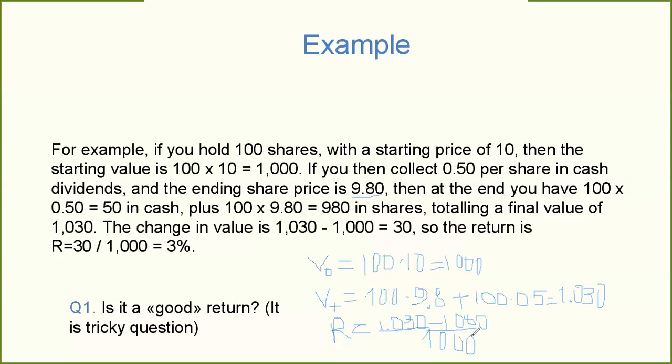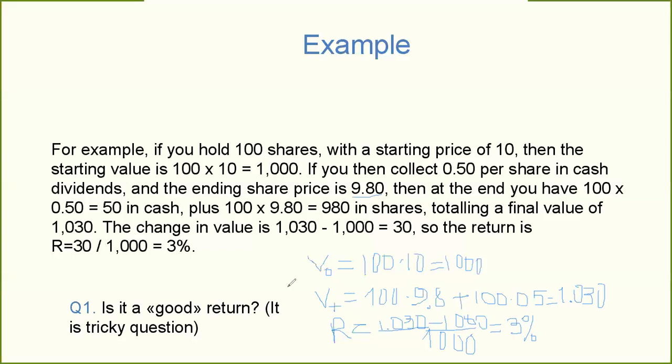So it will be 0.03, and I can write this as 3%. So the return, in this example, is 3%.